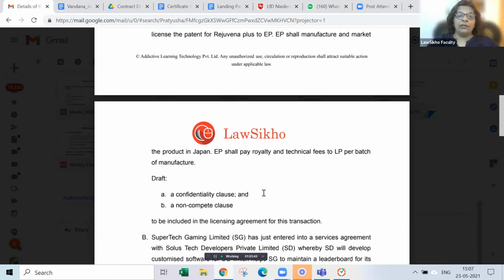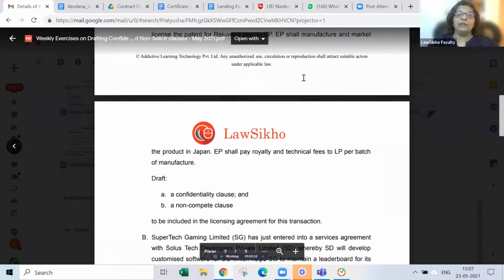So that's why what they are doing is that you're going to use this technology, you're allowed to use it, but you are not allowed to disclose it to the outside people, and you are not allowed to use it yourself to create a competing entity, a competing business for the Indian company. Okay, that's the restriction that is being placed.